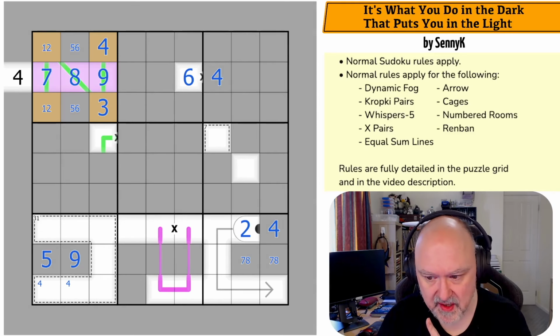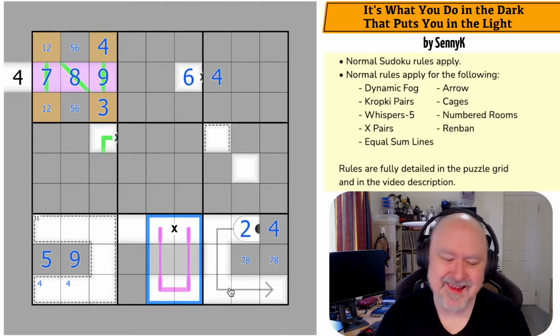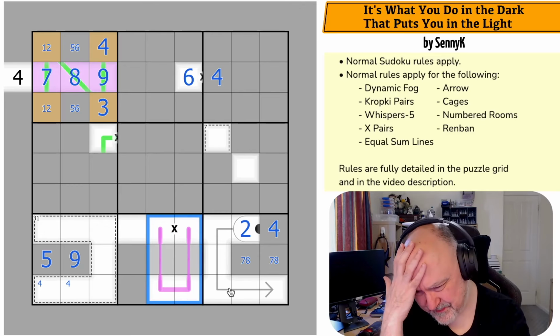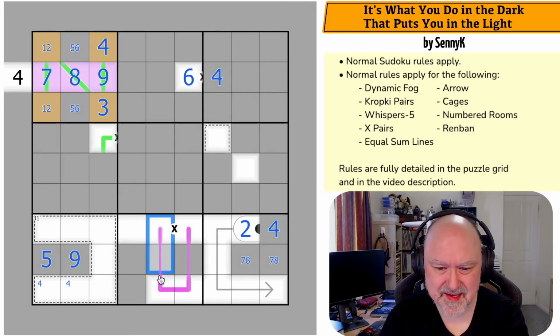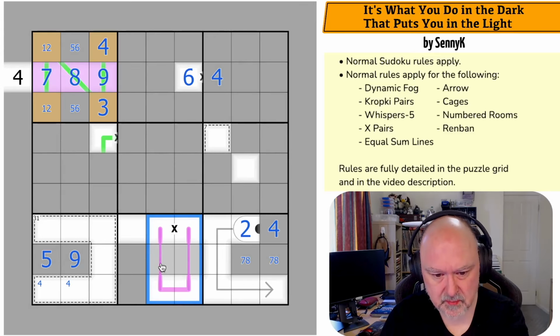So now we look at this X. Can this be 1, 9? I'm going to say no, because if this is 1 and 9, this line, which seems to be doing this, I can't prove it's doing that. It can't get to 9 digits long, because there are 1, 2, 3, 4, 5, 6, 7, 8 possible digits it can reach. So this can't be 9 digits long. If this is 1, 9, it can't be 2, 8 or 4, 6, which are the other ways of doing it.